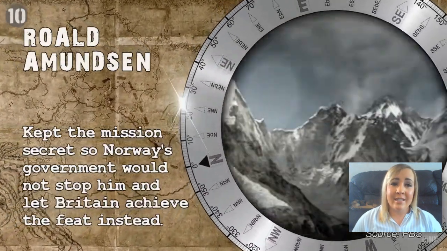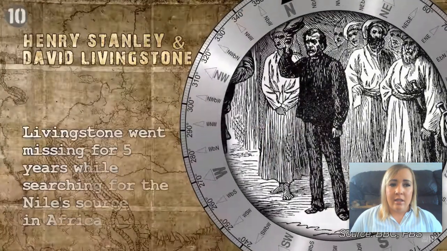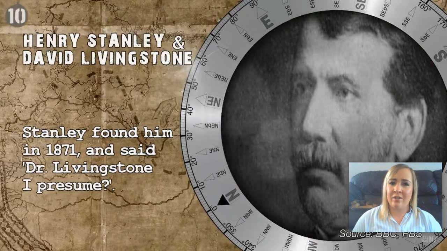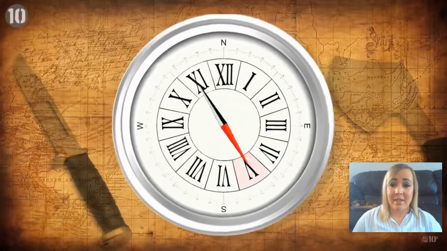He kept the mission a secret so Norway's government would not stop him and let Britain achieve the feat instead. Henry Stanley and David Livingstone. Livingstone went missing for 5 years while searching for the Nile source in Africa. Stanley found him in 1871 and said, "Dr. Livingstone, I presume?" That's kind of crazy.